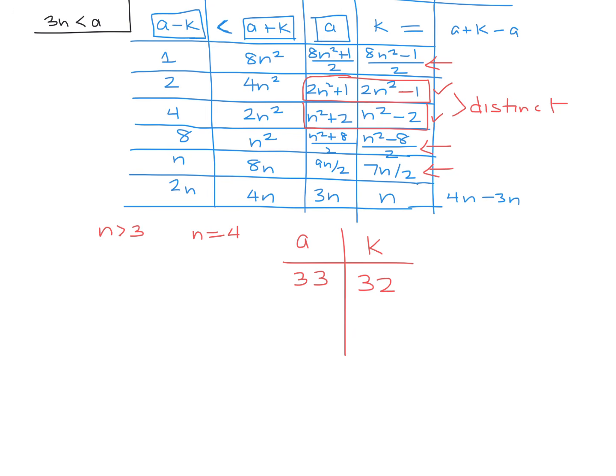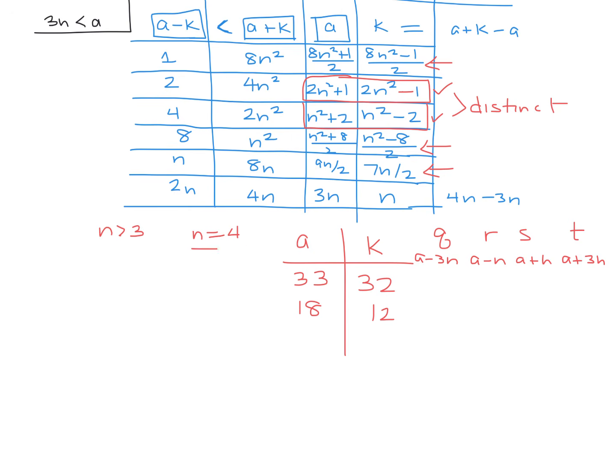And the next guy, n squared plus 2, would be 16 plus 2, 18, and then k would be 12. So then if we created those Q, R, S, T using a minus 3n, a minus n, a plus n, a plus 3n, we calculate these out.